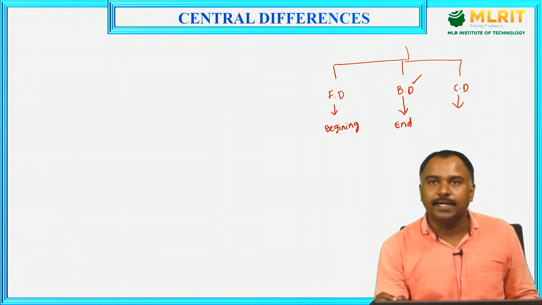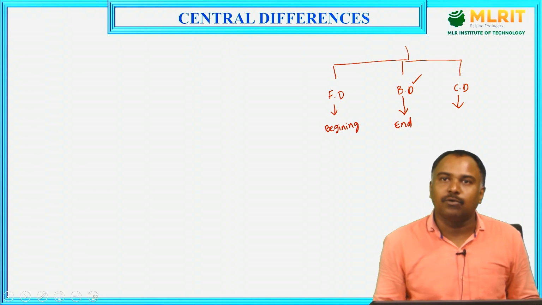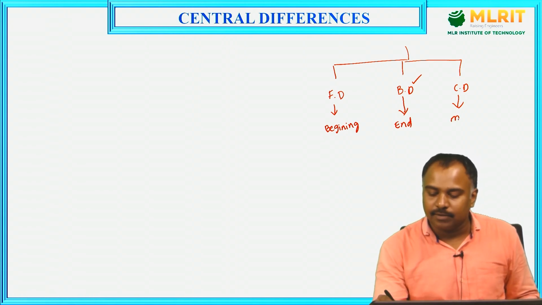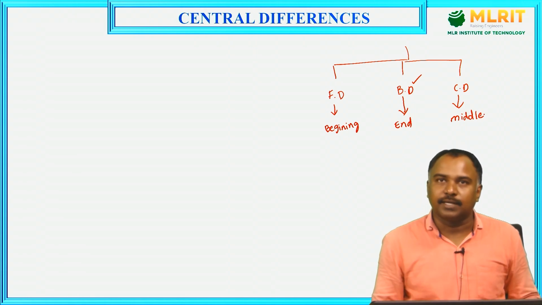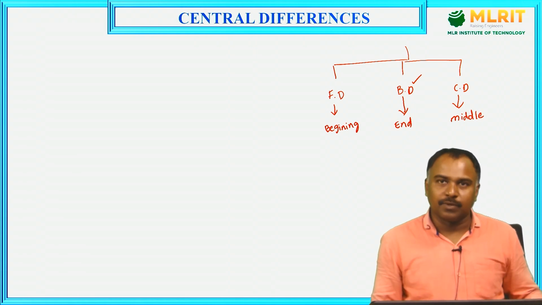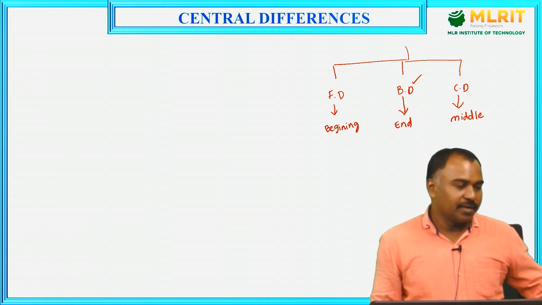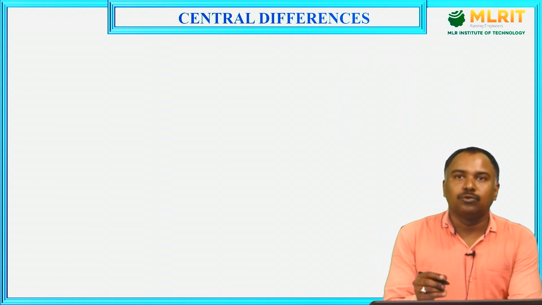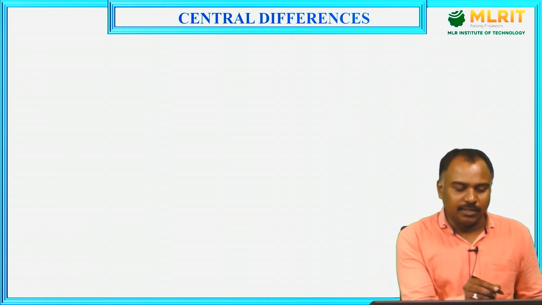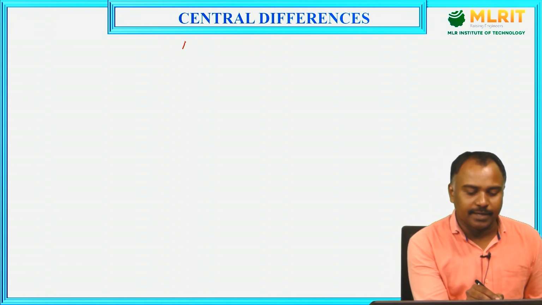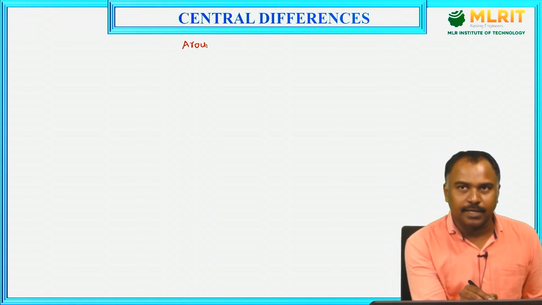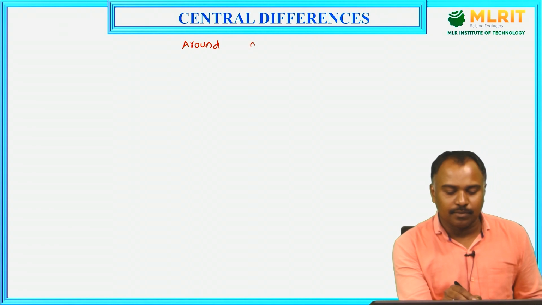If the unknown value is located around the middle of the table, we use this particular central differences concept. In central differences, we are going to discuss two types.